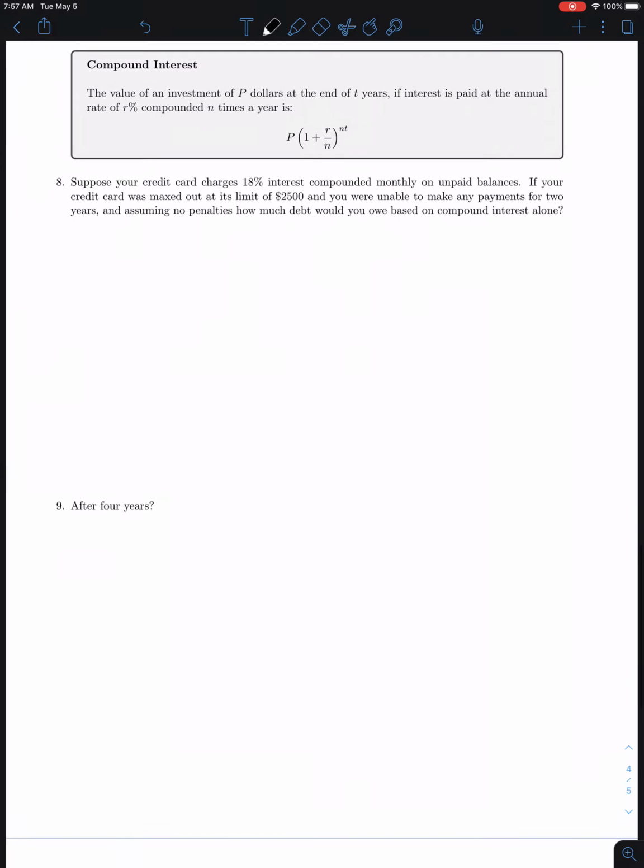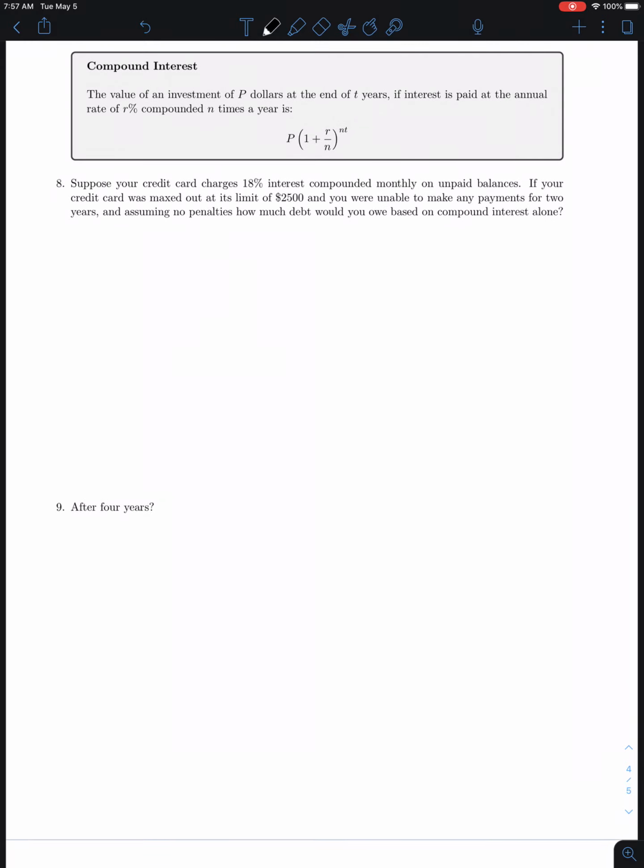And then finally, we've got our full-blown compound interest formula, which has added a new letter to the mix, an N. A lot of the stuff is still the same. P is still the principal. The R is still the interest rate, again as a decimal.